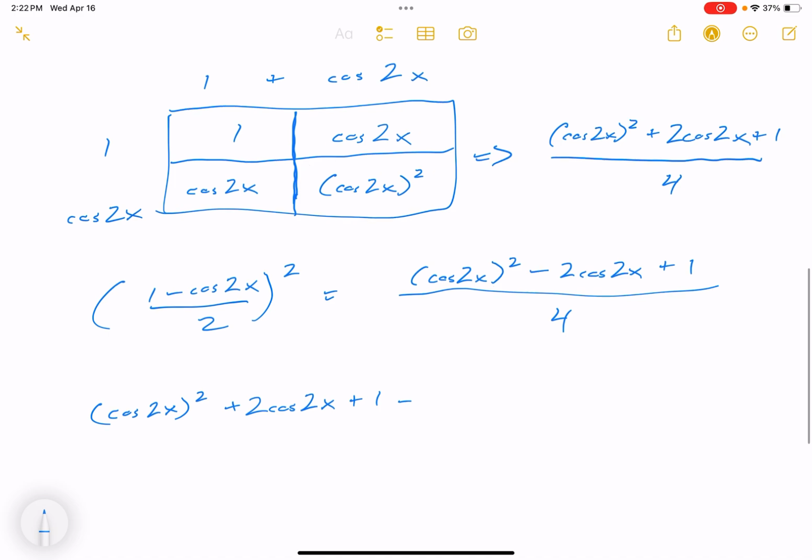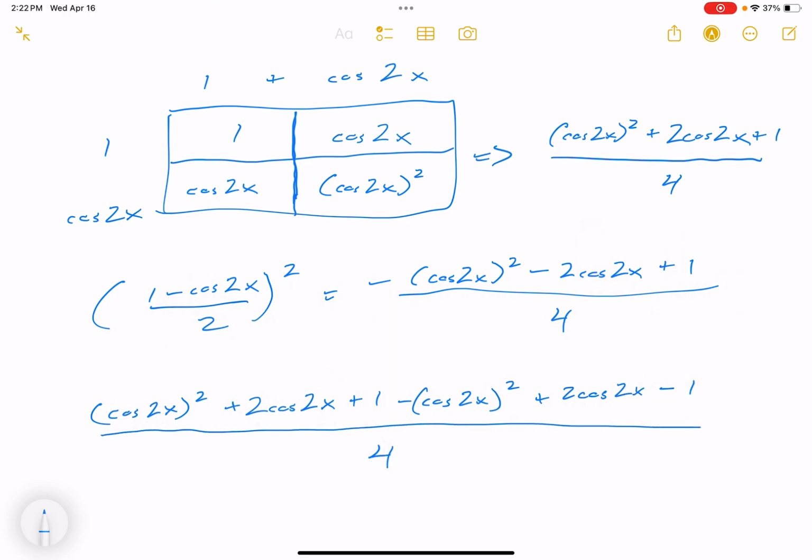I sure hope you guys know how to do subtraction. So that is going to be minus cosine 2x to the second power plus, remember, we're going to distribute the negative sign, so go ahead and do that, plus 2 cosine 2x minus 1. All of that over a denominator of 4.